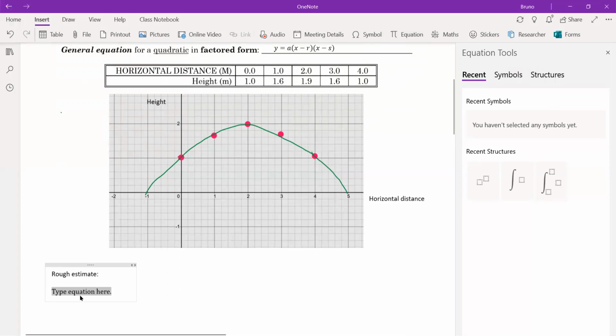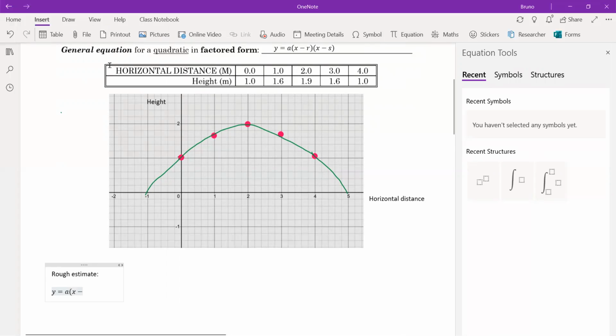Oops, I'll type it over here. Not sure why it's not appearing there. There we go. So y equals, and I don't know the a value, but I know because it's opening downward, it should be, pause for effect, should be negative, right? Good.